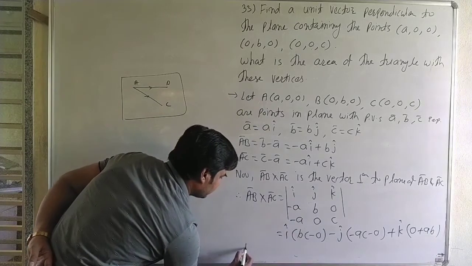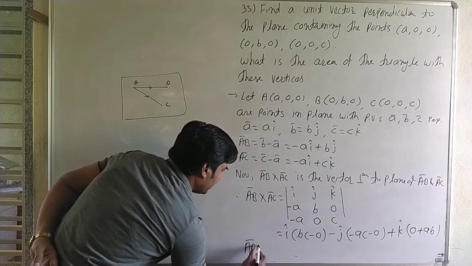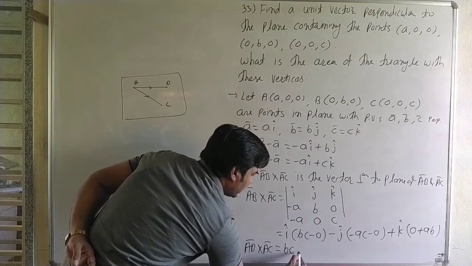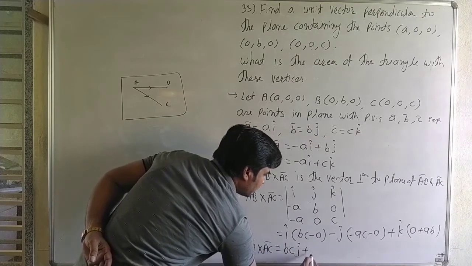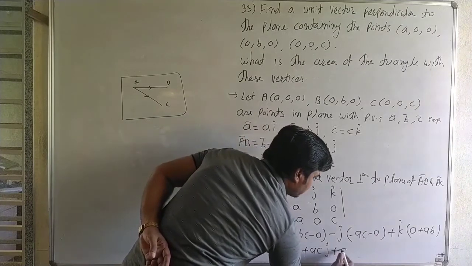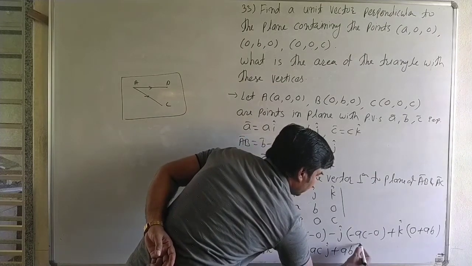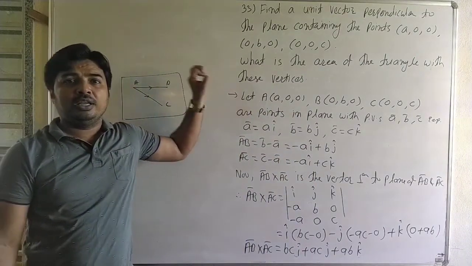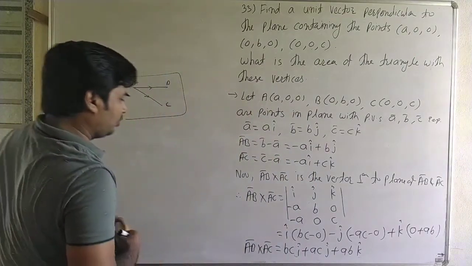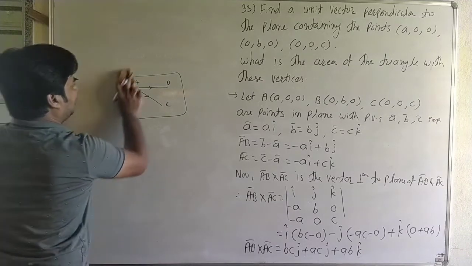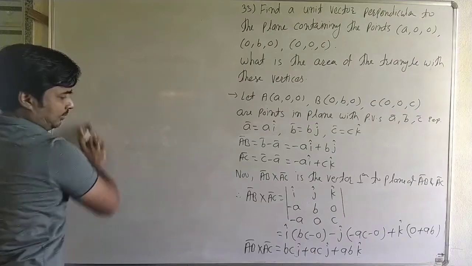And therefore AB cross AC is equal to BC i cap plus AC j cap plus AB k cap. It is a vector perpendicular to the plane of points A, B and C. Okay. Now we find the unit vector perpendicular to the plane of points A, B and C.